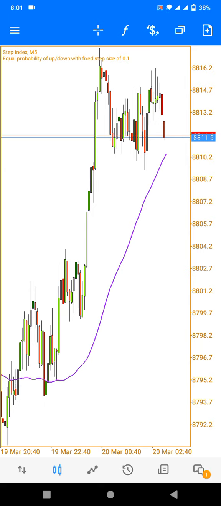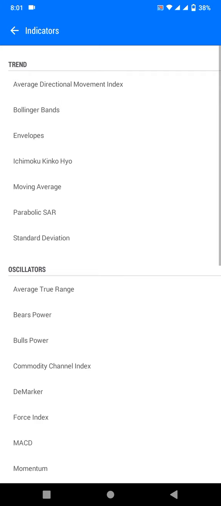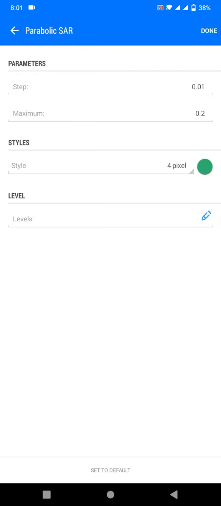Okay guys, so now the second thing, the second indicator we are going to add in this strategy is the parabolic SAR indicator. So again, click on F icon, click on plus icon of the main chart, click on parabolic.